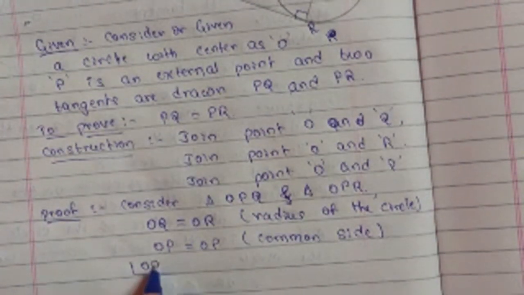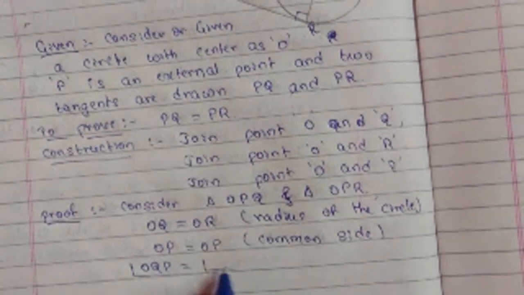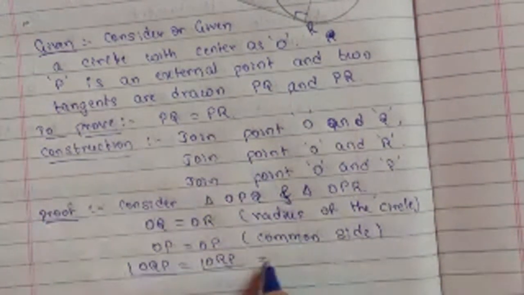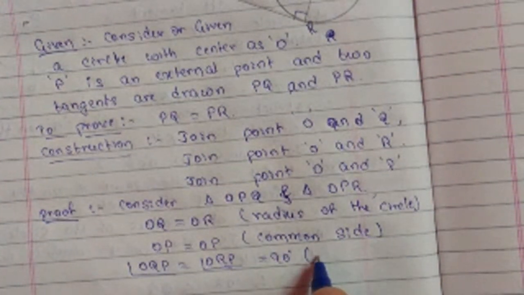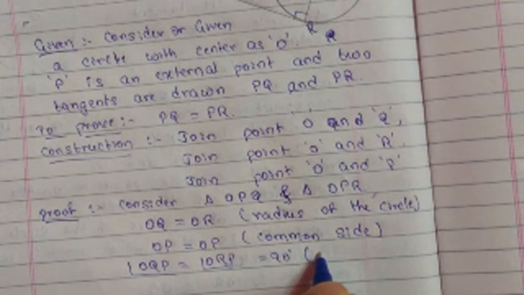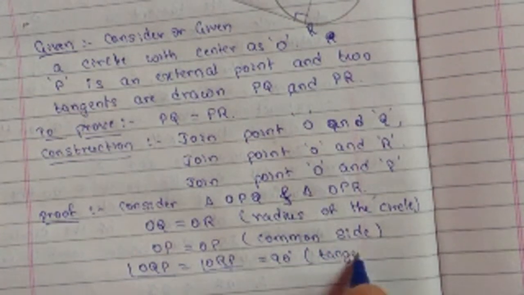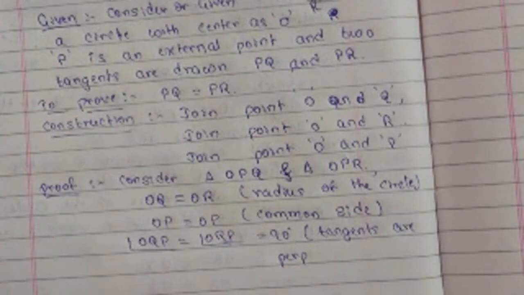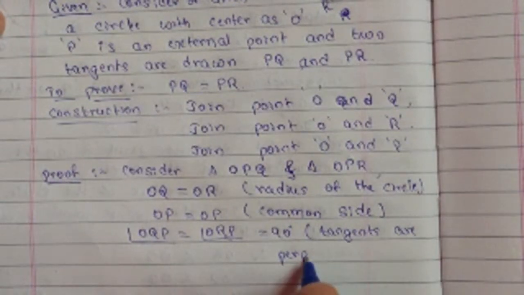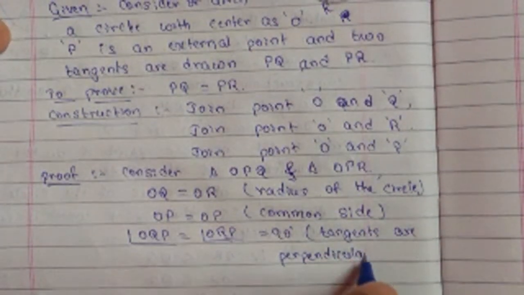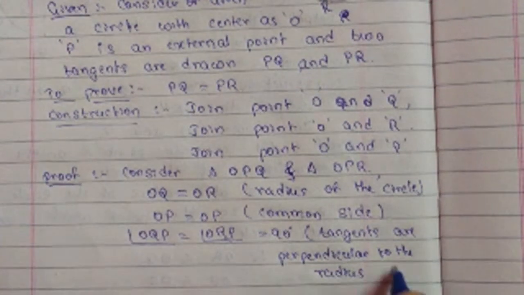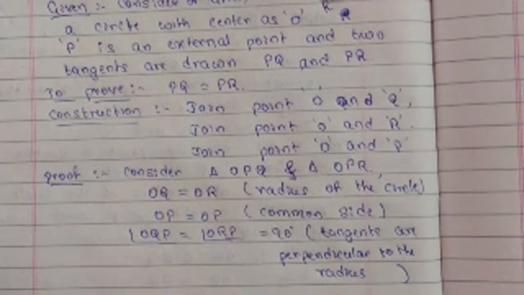The next one is angle OQP equals angle ORP, equals 90 degrees. Reason is tangents are perpendicular to the radius.